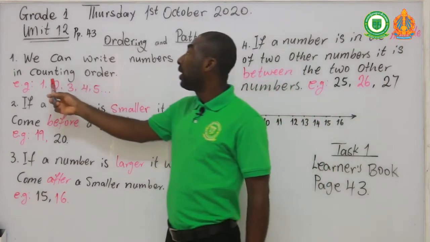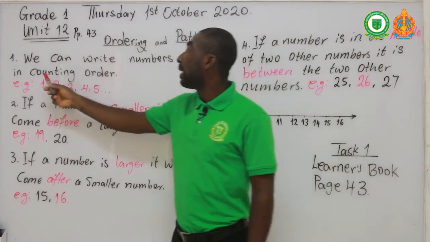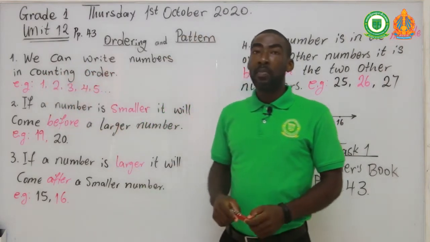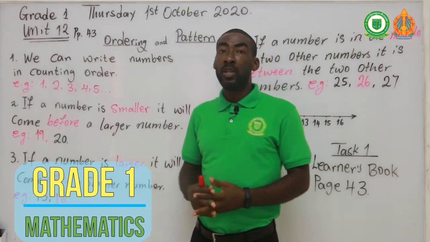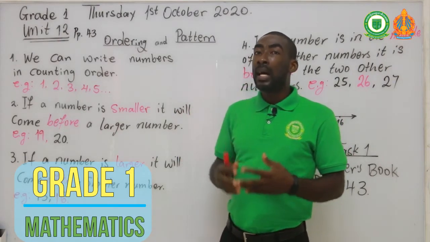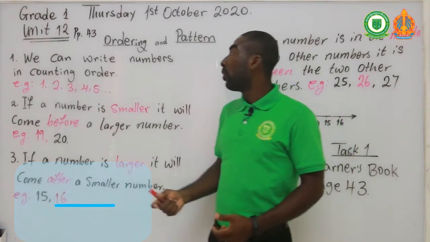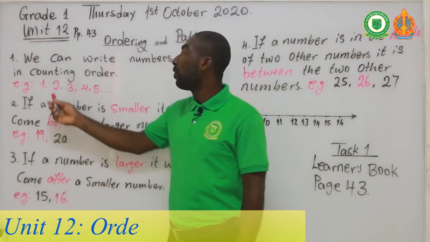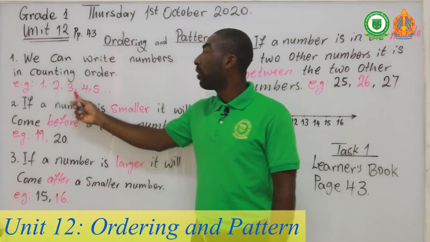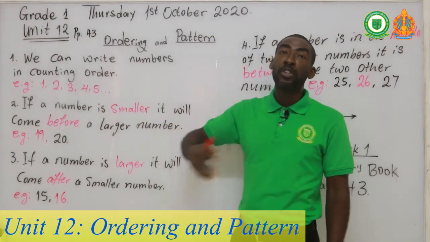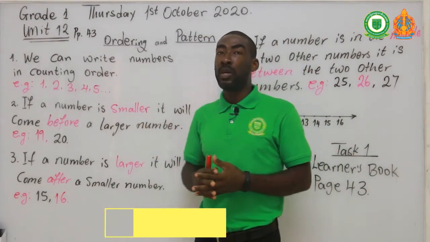First, we can write numbers in a counting order. That means the first order that we know in our numbers is counting, okay? So what is counting? Counting is when you start with 1, 2, 3, 4, 5 and it continues up to the last number that you are counting.